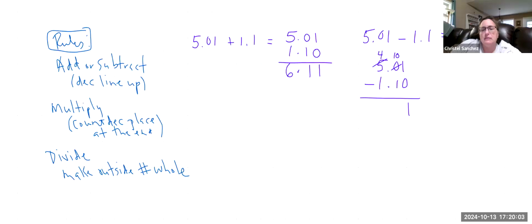So now 10 minus 1 is 9. Remember, my decimal points are just going to stay in the same spot. They're all lined up. And then 4 minus 1 is 3. Any questions on those?